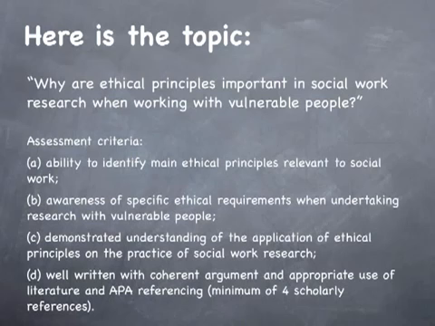B, you should show your awareness of specific ethical requirements when undertaking research with vulnerable people. And C, you must be able to demonstrate understanding of the application of ethical principles in the practice of social work research. And D, finally, this paper should be well written with coherent argument and appropriate use of literature and APA referencing.